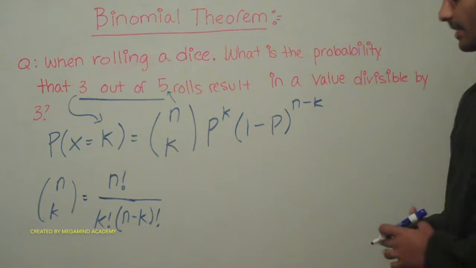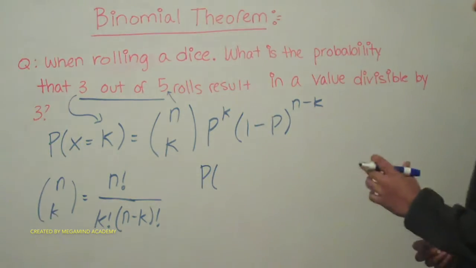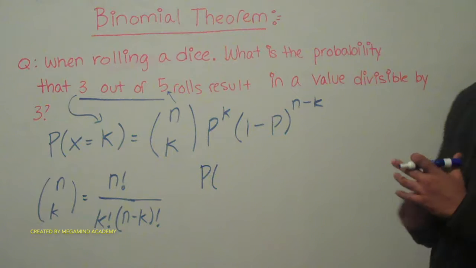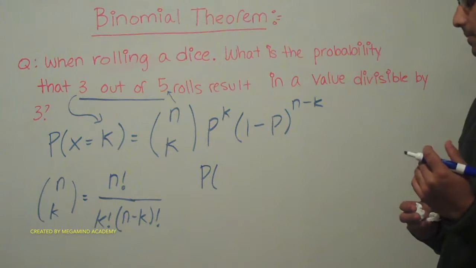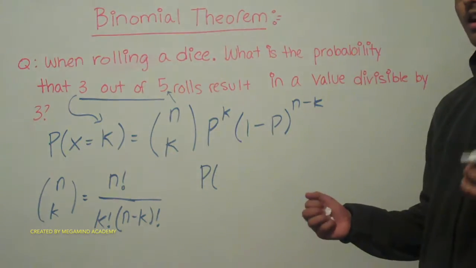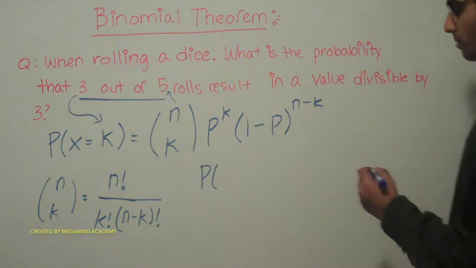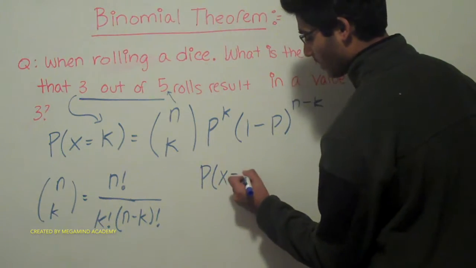So let's start with the left-hand side. We want to find the probability that 3 out of 5 rolls results in a value divisible by 3. So our success is when the value is divisible by 3. We want to find the probability of 3 successes happening, so the probability that x, the number of successes, is equal to 3.